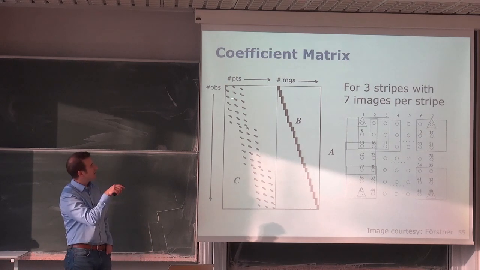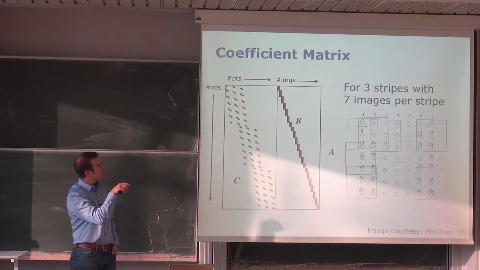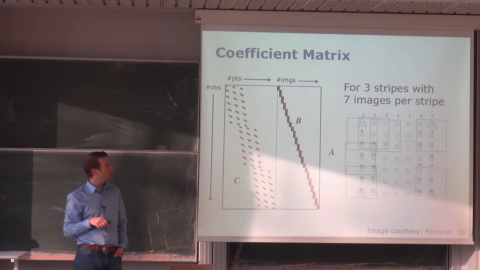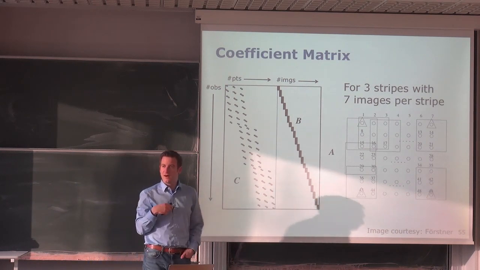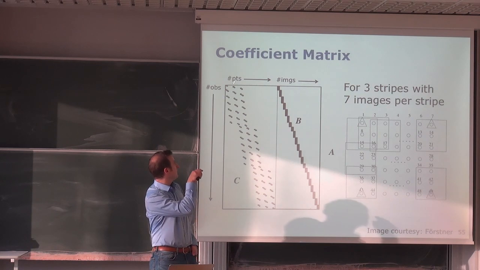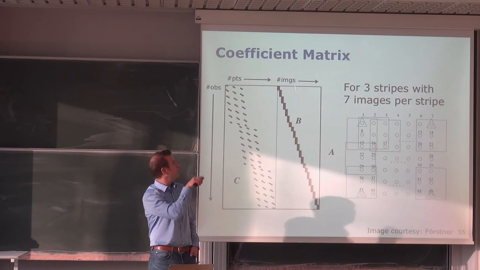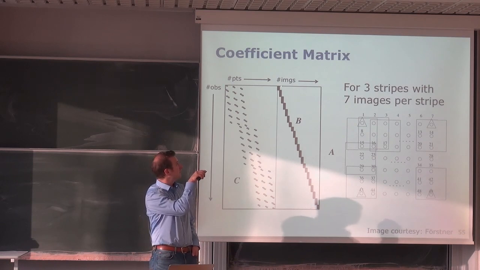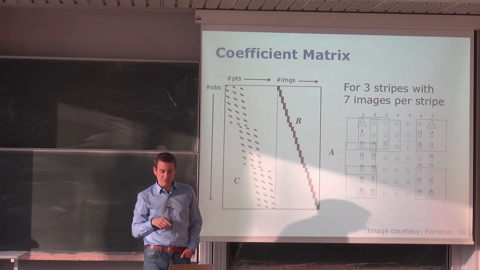And then I have a couple of blocks over here. These are all kind of small 2x2 blocks because it says how the x-coordinate of a point connects us with my observation, and this thing here connects the orientation parameters with the corresponding observation.